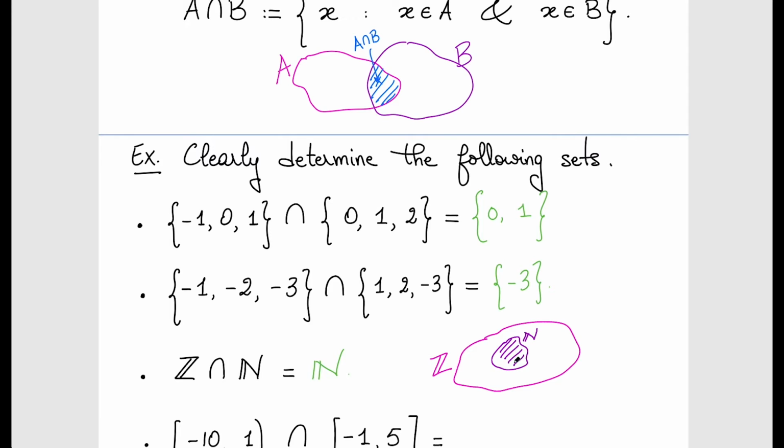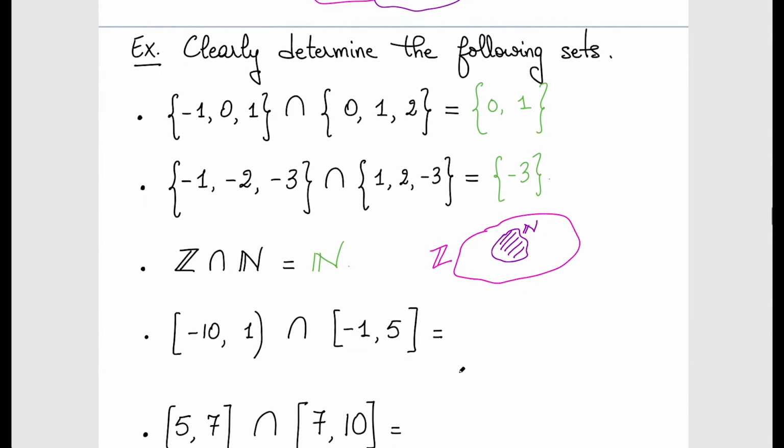N is entirely sitting inside Z. Why? Because natural numbers are already integers. So certainly those guys are part of Z. So what's the intersection then now? What's the intersection between Z and N? It's the smaller one. It's the trace. It's the smaller one. And this is true in general. If you have two sets, one sits inside the other, the intersection is the smaller one. Okay?